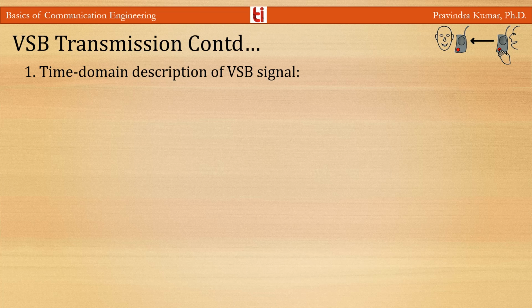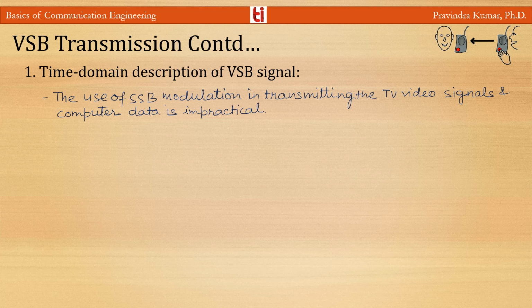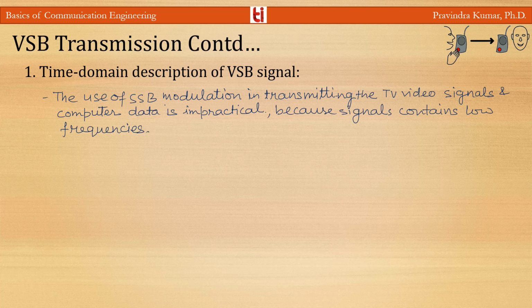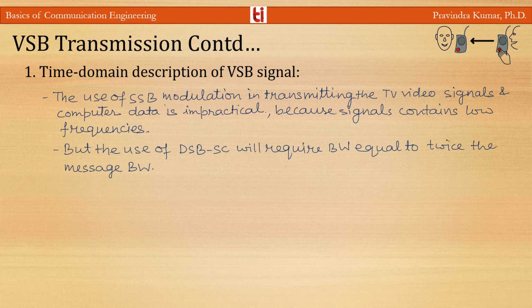We know that the required bandwidth in SSB is fm and in DSB-SC it is 2fm. If we are going to use TV video signals and computer data, the spectrum of these wideband signals contains significant low frequencies, which may make it impractical to use SSB modulation.